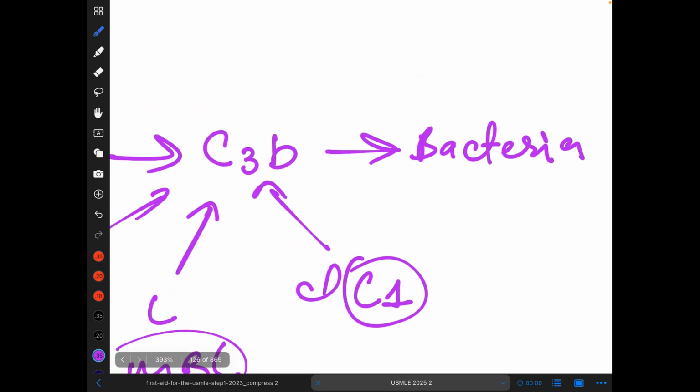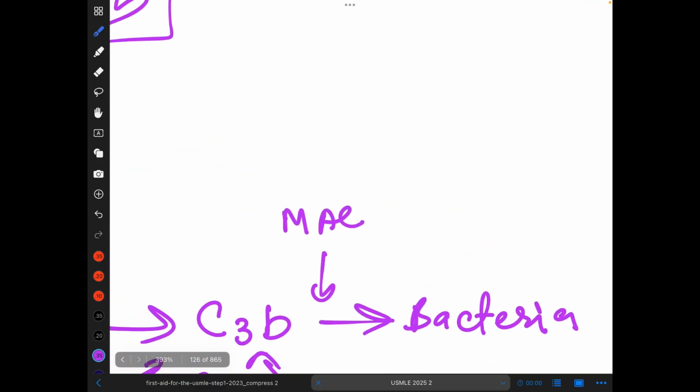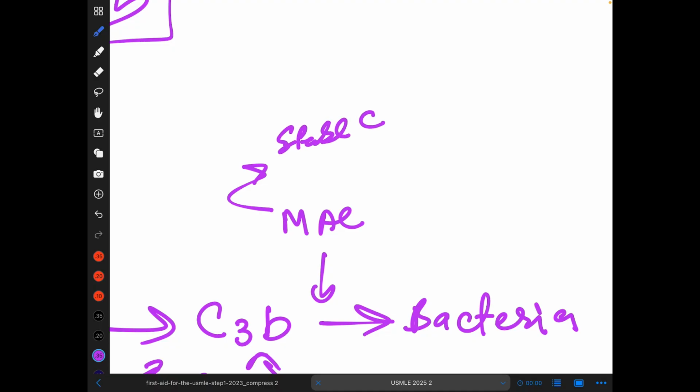But here it is also using one component, that is MAC, the membrane attack complex. The MAC is stabilized by C3b, which leads to formation of MAC.